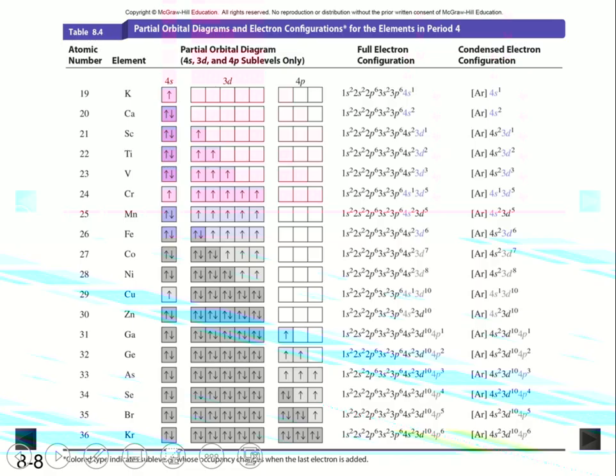Then from zinc, we continue on 4s2 3d10, and once we get to gallium, we begin filling the p subshell: 4p1, 4p2 for germanium, and all the way to krypton with 4p6. Now the p subshell has been filled.